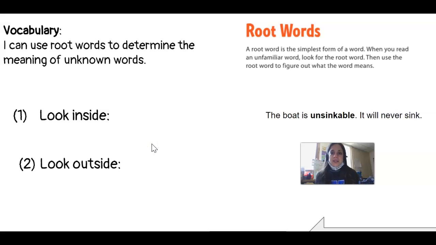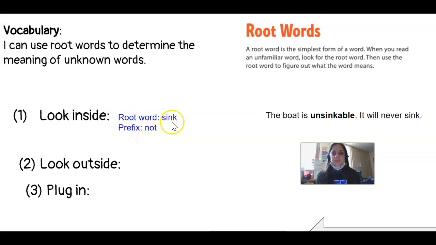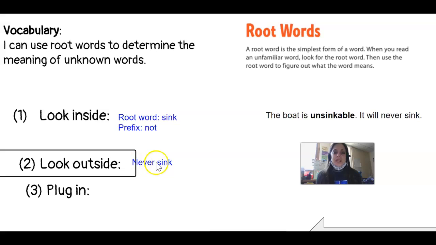I'm going to look outside the word, and then I'm going to plug in a word that makes sense or a phrase that makes sense. So when we looked inside, we found the root word sink, and we found the prefix, which means not. So I'm already thinking about what I know when I look inside, to not sink. We look outside.